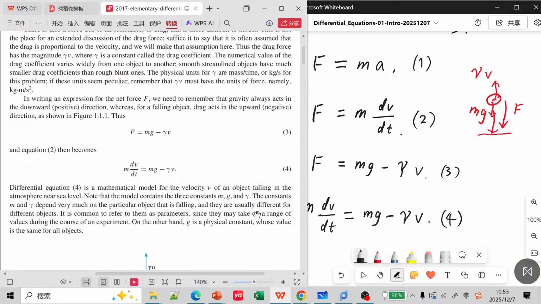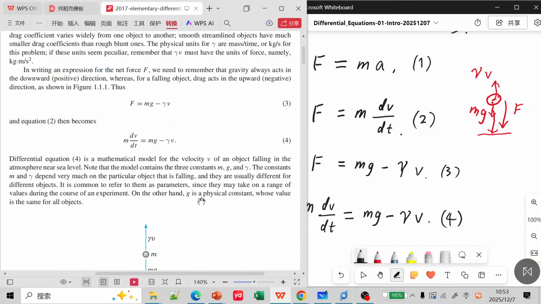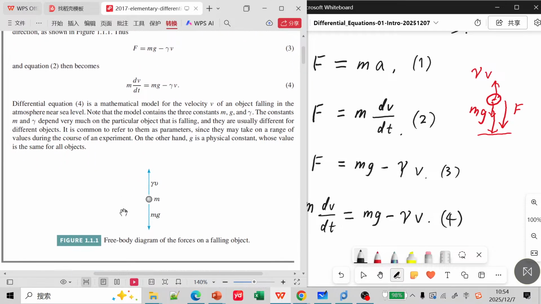The constants m and gamma depend very much on the particular object that is falling, and they are usually different for different objects. It is common to refer to them as parameters, since they may take on a range of values during the course of an experiment. On the other hand, g is a physical constant whose value is nearly the same for all objects.